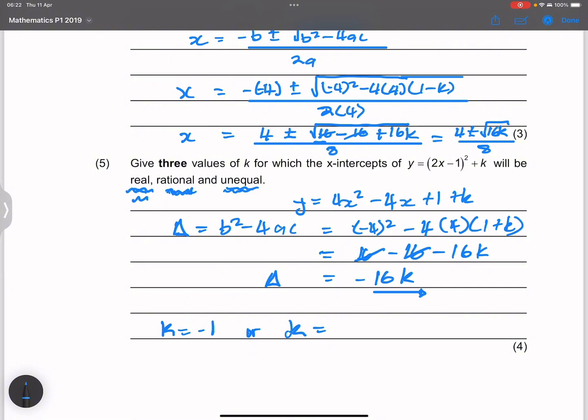Another one is when k is negative 1/4, which would give us 4. How can we make it 1 as well? Or k is negative 1/16, because when we substitute negative 1/16, we would be equal to 1, which also is a perfect square that's greater than 0. All right, I hope that makes sense, guys.